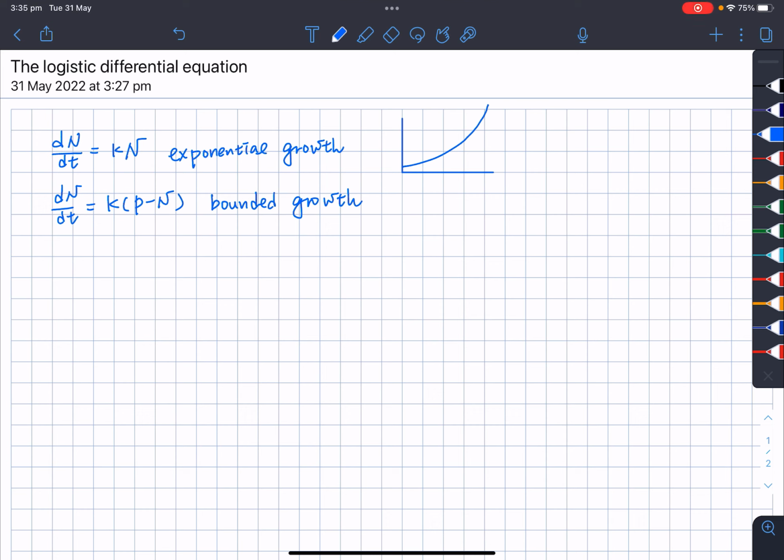Therefore, we combine these two models and design another model. We call it the logistic differential equation.